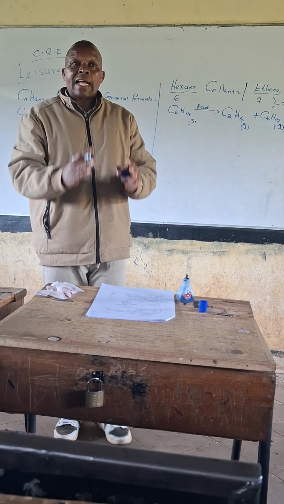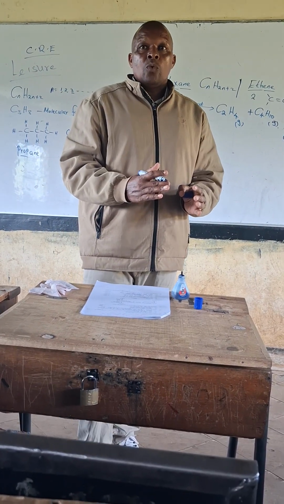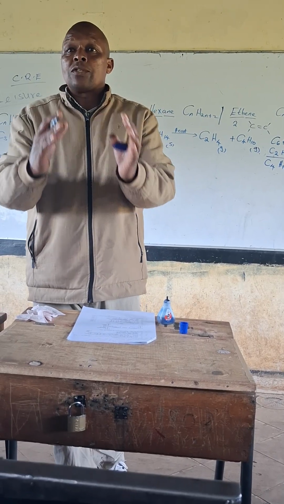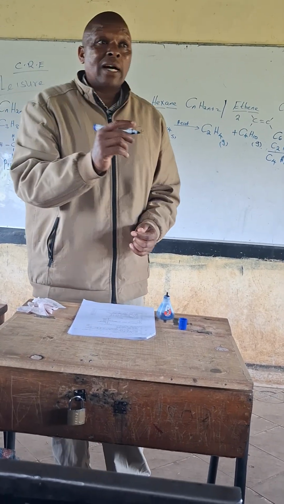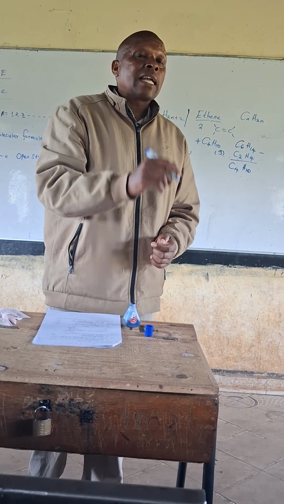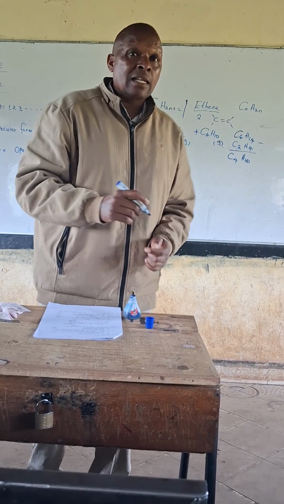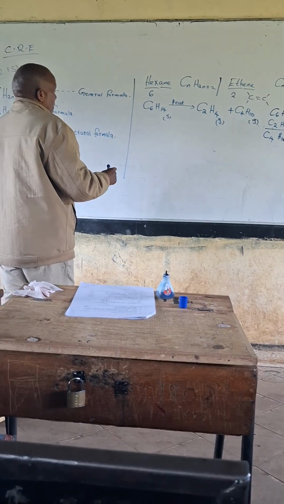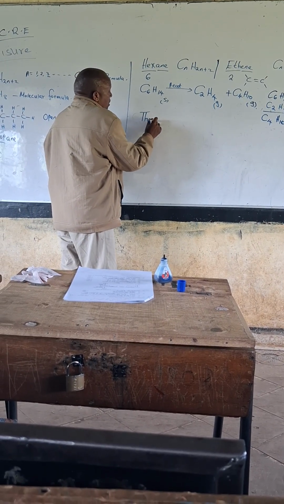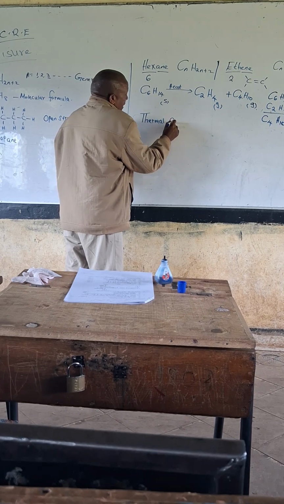But which type of cracking is it? We are cracking using heat. So to show that we are cracking using heat, you start with the word thermal, showing that we are actually cracking using high temperature. So the right response there: this process refers to thermal cracking.